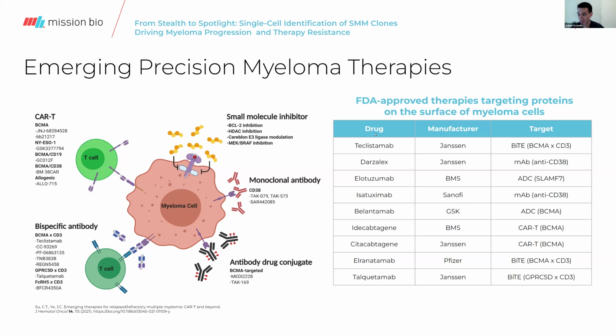You can see on the right here some of the drugs associated with this. So there are a lot of therapies, but of course these therapies can also be stopped by various mutations that alter the therapeutic targets so that they don't work as well. So these are all things we want to understand.